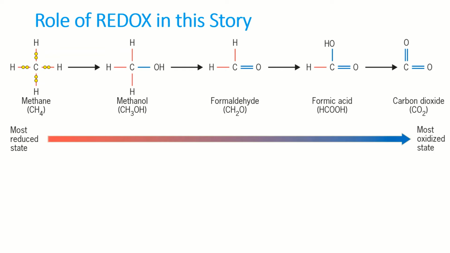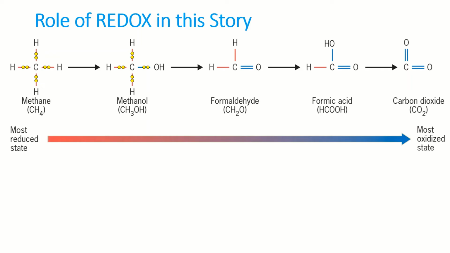Now let's go to methanol. In methanol, we have replaced one of the hydrogen atoms with a hydroxyl group, which now bears oxygen. And we know that oxygen is very electronegative. So if ever it's present, notice the location of the electrons now between carbon and the hydroxyl portion of the molecule.